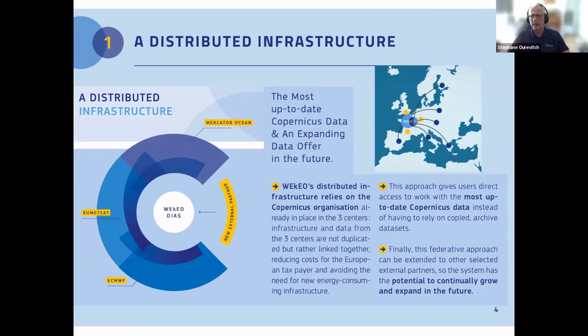is a great advantage. Not only does it guarantee that you have the most up-to-date data, but it also guarantees that because the 4 partners of Wekeo are either the producers or the custodians of a very large chunk of the Copernicus data, so the data from the satellites, the Sentinel satellites, and the data from the Copernicus services, you always have the most up-to-date version, A, and B, you have the products get ingested by definition in Wekeo before they get ingested anywhere else.